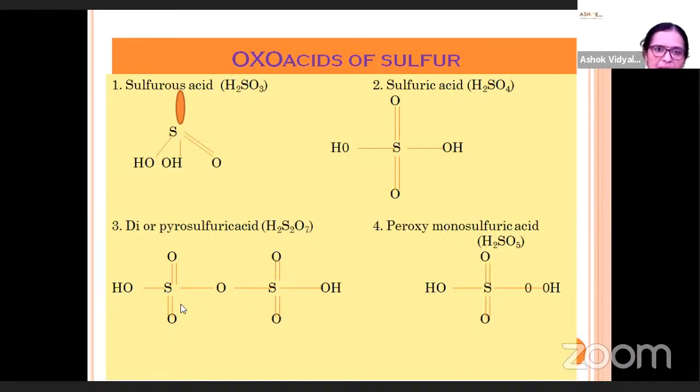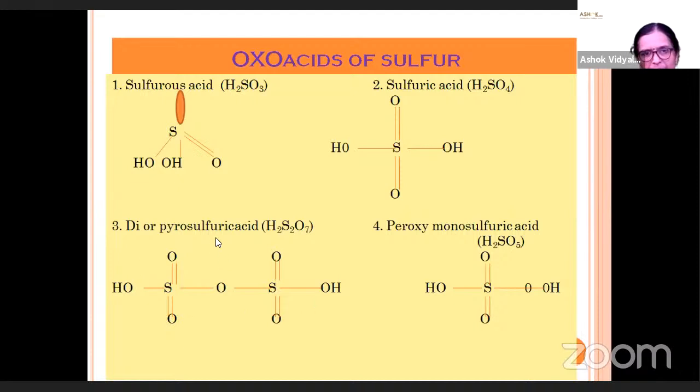So while remembering the structure, remember that pyrosulfuric acid contains at least one SOS bond, and each sulfur atom is bonded with 2 oxygen atoms with 2 double bonds. This is one SO double bond, and this is another SO double bond. Sulfur is also linked with one OH group. So S double bond O, S double bond O, S-OH, and when this structure is repeated, it gives rise to pyrosulfuric acid.